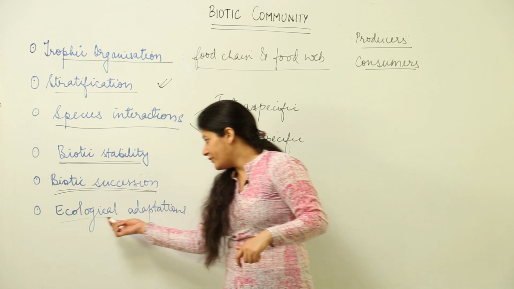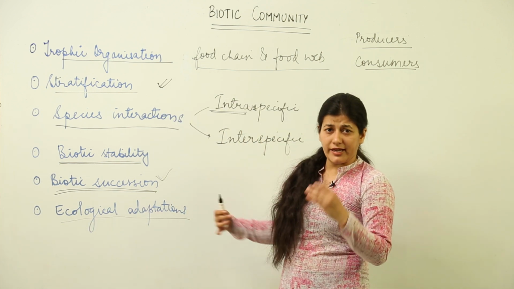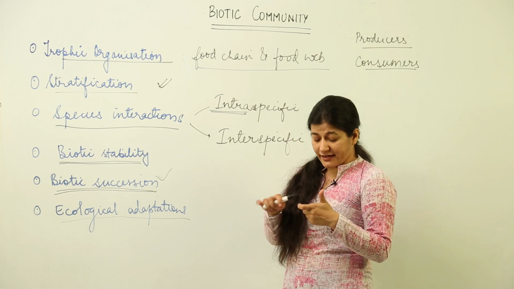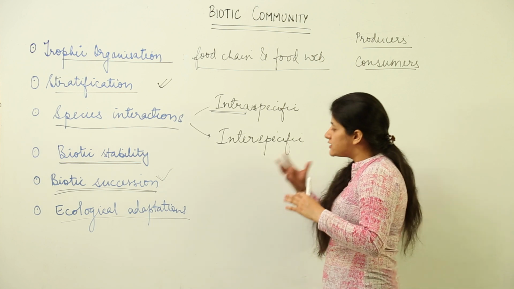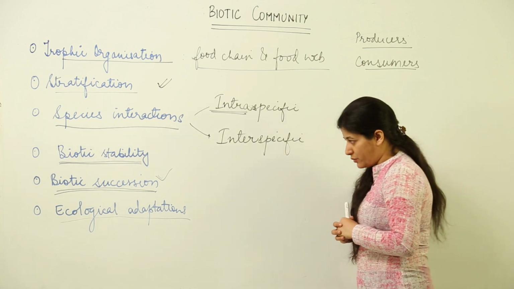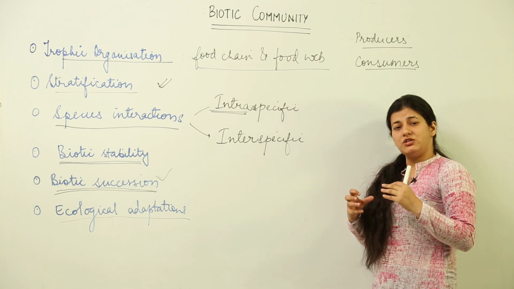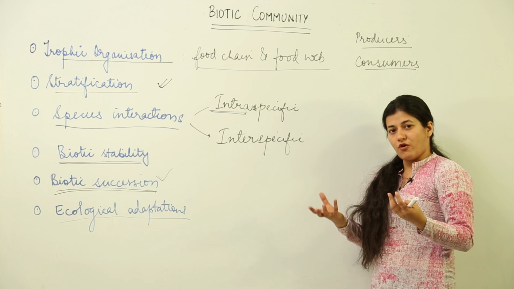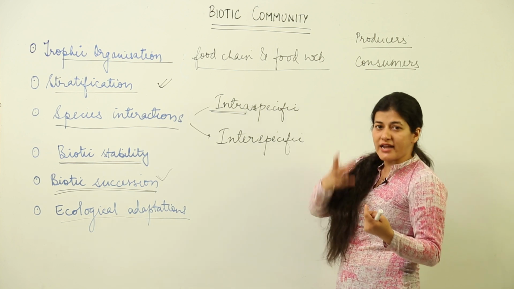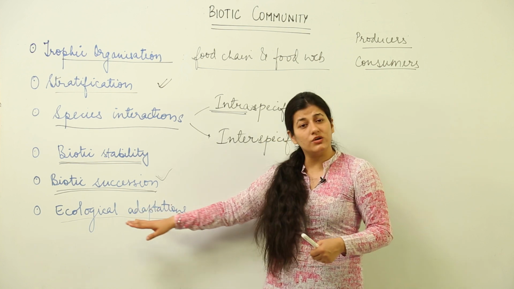And lastly, once we are talking about succession, we see how biotic communities are replaced. Apart from that, at the level of individual organisms, or rather, more aptly, at the species level, the species adapt themselves according to the environment for their survival, and those adaptations are often at the genetic level, and this is termed ecological adaptation.